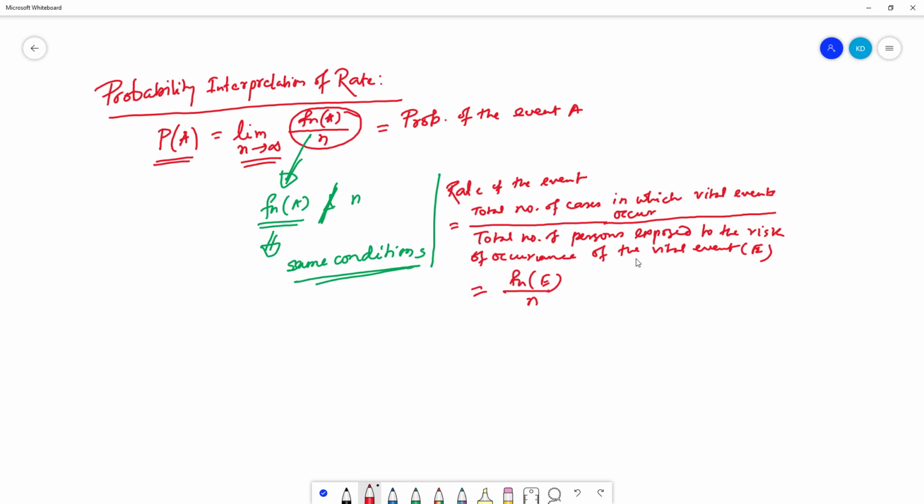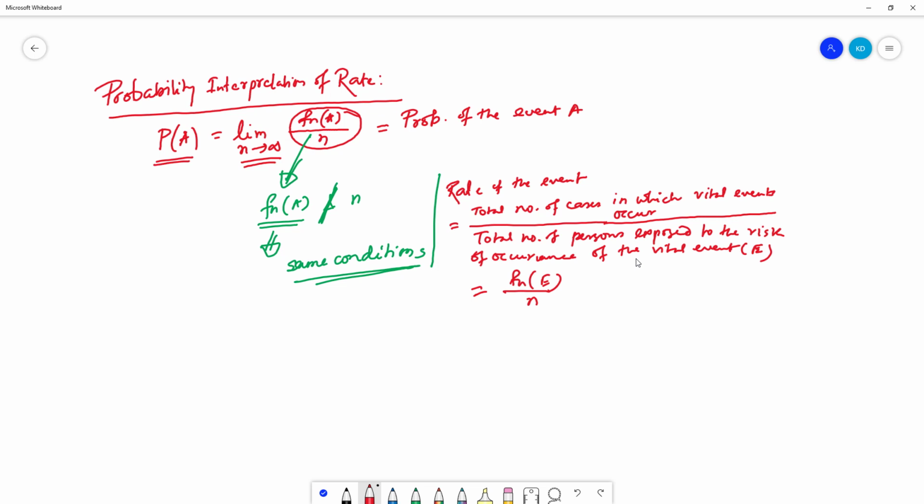In most cases, small n will be a very large number, usually a few millions or a few crores. Hence, the observed value of the rate may be taken to be a very good estimate of the probability that a person exposed to the risks of occurrence of capital E will actually have E during the given period.